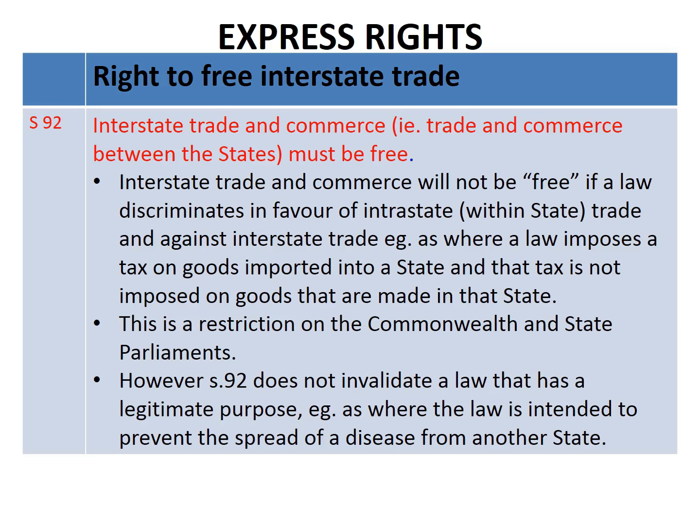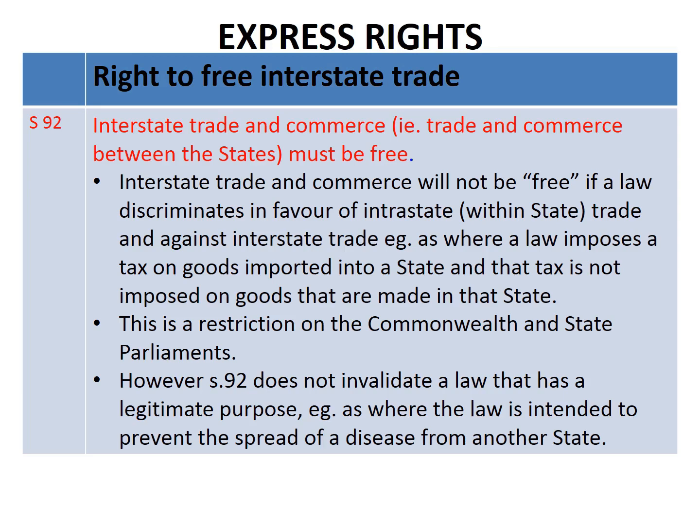Now, unlike the first 3 rights that we've looked at, this restriction contained in Section 92 is a restriction on both the Commonwealth and the state parliaments. That is, neither the Commonwealth Parliament nor a state parliament can make a law that results in interstate trade being discriminated against compared to intrastate trade.